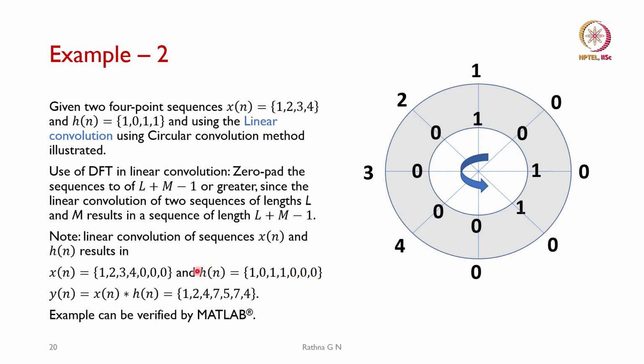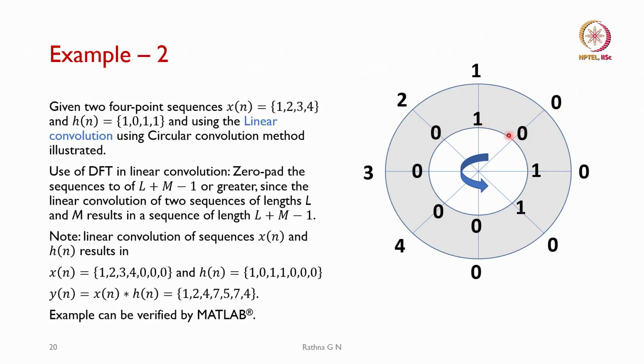Although we have equal length, to simplify, if I want to compute with a power of 2, then I have to make them 8. As you will see, the 2 concentric circles are divided into 8 parts. So, we put 1, 2, 3, 4 and then 4 zeros instead of 3 zeros.